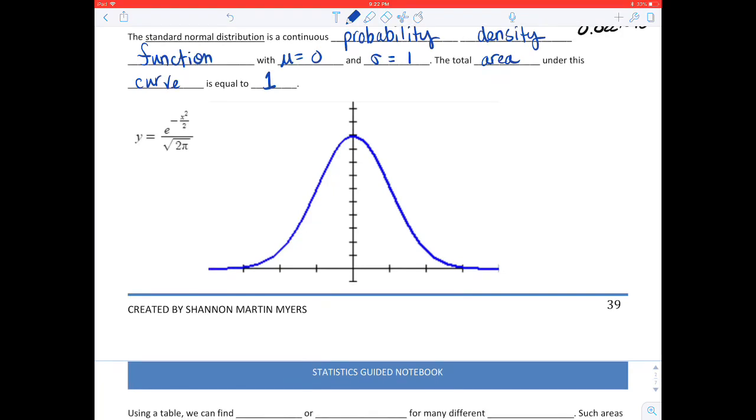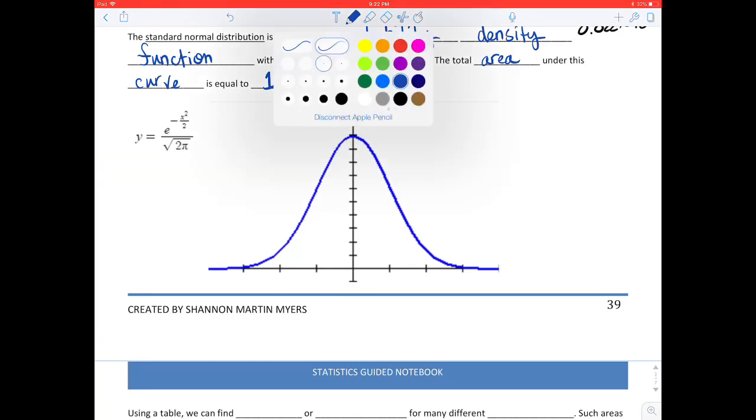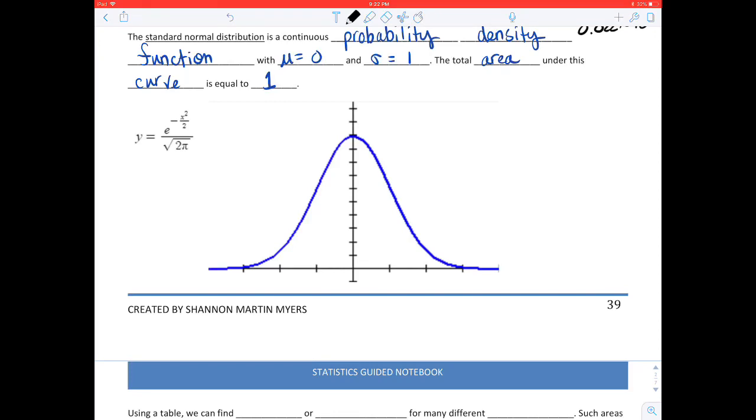So, all right, here is what the equation looks like. Trust me, this isn't as bad as some of them. This is when mu is 0 and sigma is 1, so it simplifies quite a bit. But the cool thing about this distribution, and something I think is a little lost sometimes, is it goes on infinitely, right? So this would be like your z-axis, because it's the standard normal. And it goes on infinitely.